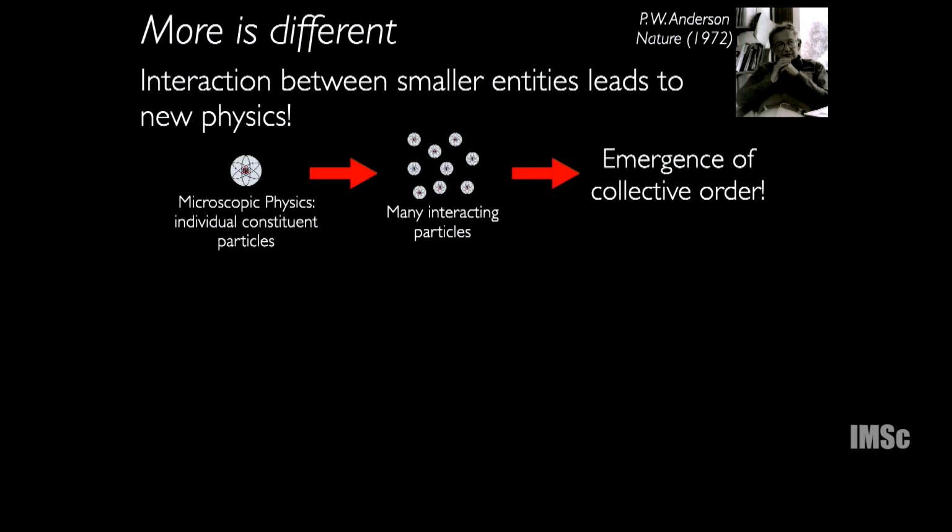One can think of several examples in physics. For example, I'm showing a schematic here. You can think of the conventional liquid-gas transition where you have individual molecules, and if you keep on changing temperature, because of interaction, you see suddenly a change in phase. You go from a gas to a liquid, or a liquid to a solid.